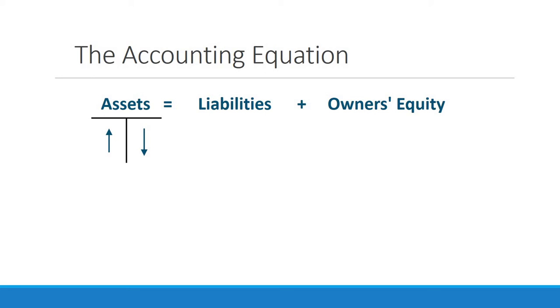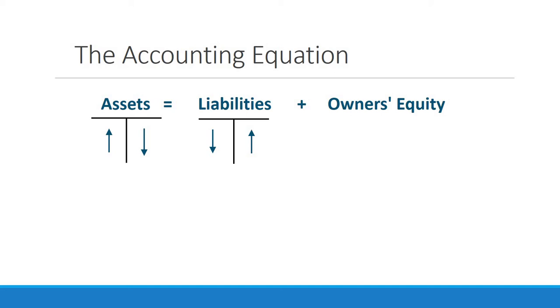You can see here I've got what we call a T account, which basically splits that account into a left side and a right side. The left side being the debit side and the right side being the credit side. And there's an upward arrow in the debit side indicating that we increase assets by debiting or putting something on the left side of that account. We would decrease the asset by putting something on the right side or crediting that asset account.